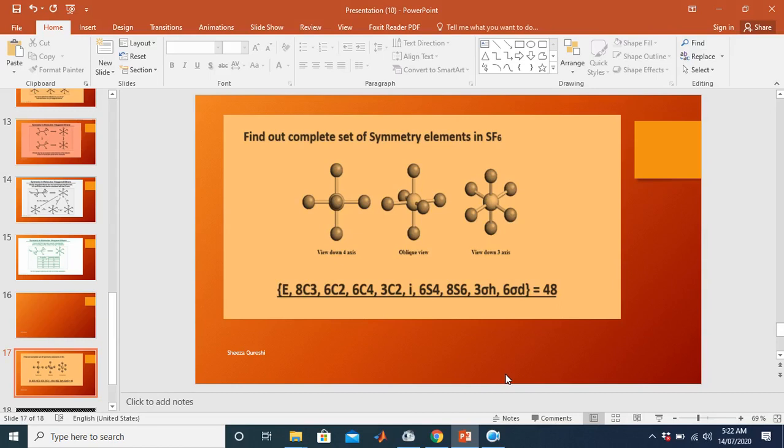E identity, 8C3, 6C2, 6C4, 3C2, inversion, 6S4 and 8S6, 3 sigma h and 6 sigma d, equal to 48. So there are a total of 48 symmetry elements in the SF6 molecule.